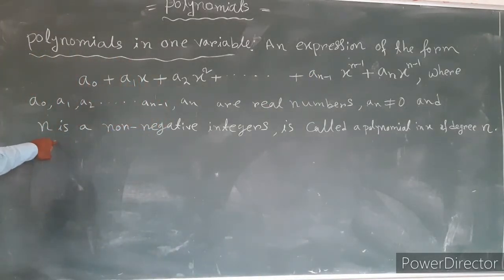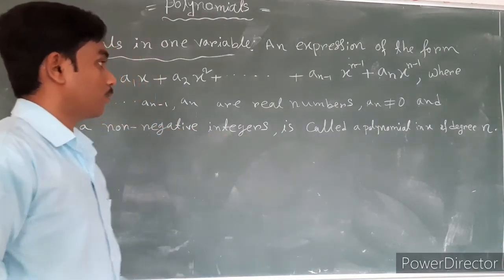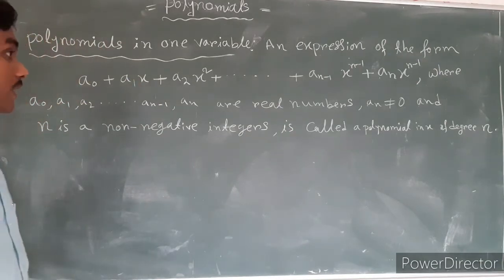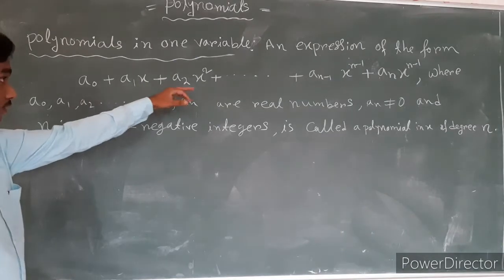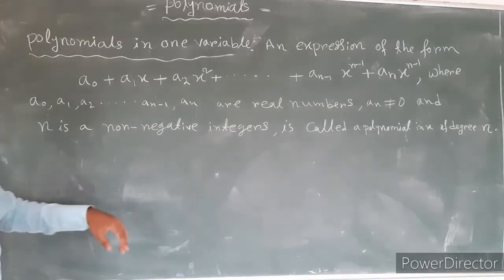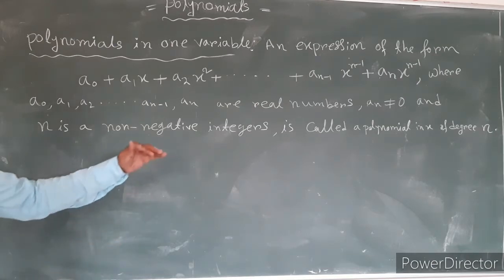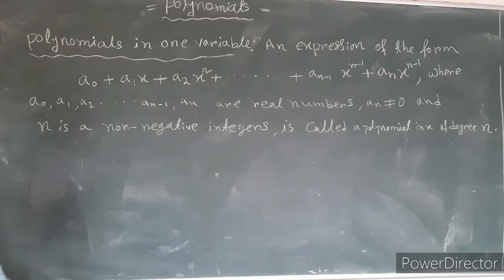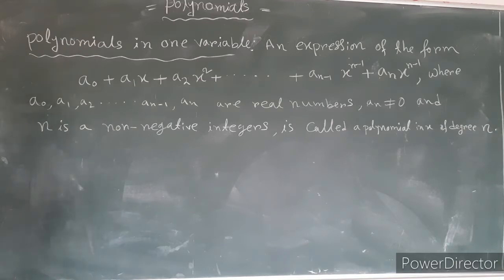And what is n? n is a non-negative integer. Then it is called a polynomial in x of degree n. So when an expression is in this form, where a0, a1, a2 are all real numbers and n is a non-negative integer, then it is called a polynomial in x of degree n.